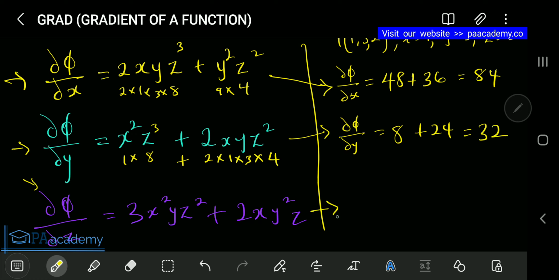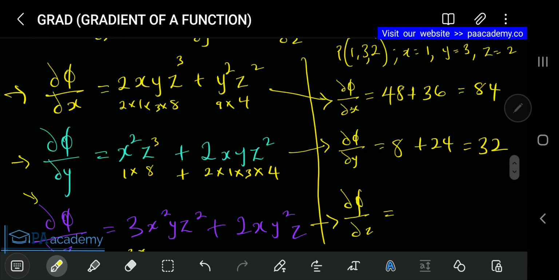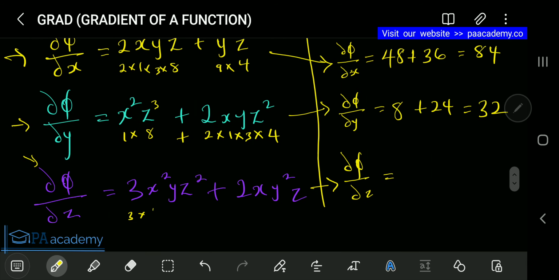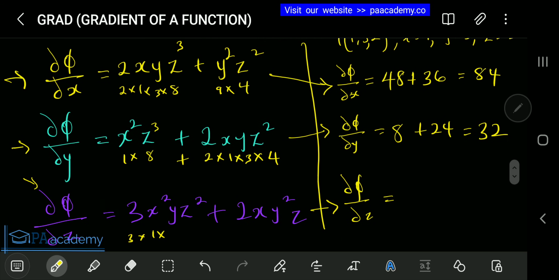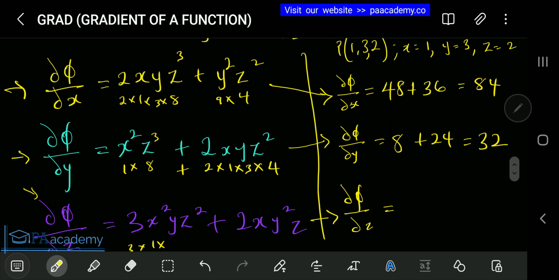Okay, so let's do this. Partial differential of phi over partial differential of z. Alright, so for this now we are having 3 times x squared, which is 1, times our y, which is 3, times our z squared, which will be 4.